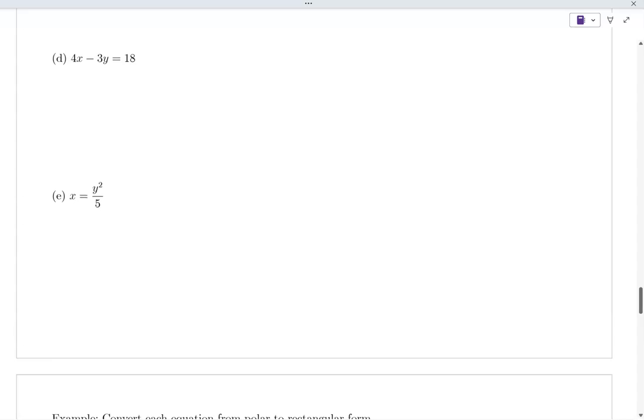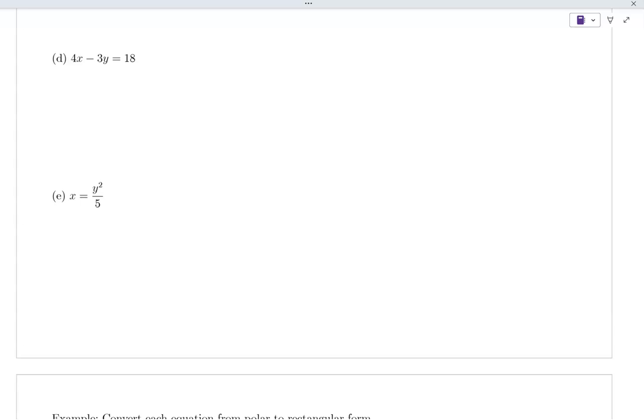in this case, we're given an equation that's in rectangular form, and it wants us to convert to polar form. So again, we want to use our conversions that change our polar into rectangular, which I just mentioned a little bit ago.